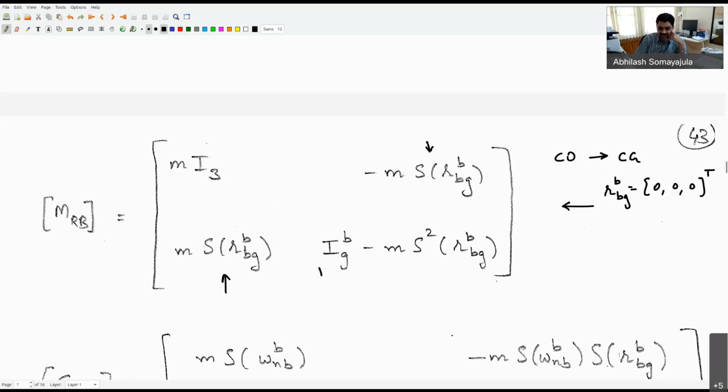And what you see here is that the inertia has changed. So the inertia about an axis passing through the body fixed frame's origin will be different from the inertia about an axis passing through the center of gravity, and the difference is given by this. This is nothing but a sort of parallel axis theorem.